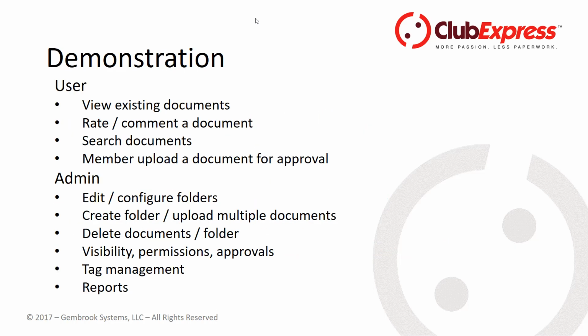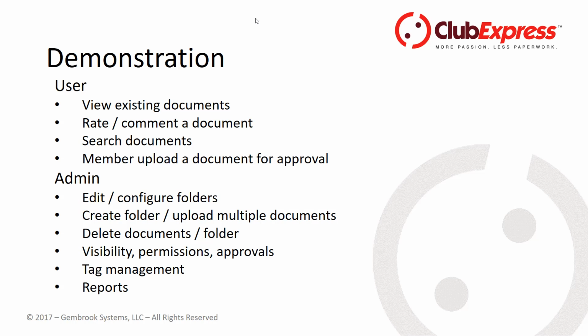Let's go into a demonstration. These are the things that I'd like to demonstrate, and we'll see how many of them we get through. We're going to try to view existing documents, rate and comment on a document, search, and do a member upload. So we'll do that from the user side. Then from the admin side, I'll show you how to edit and configure folders, create a folder, and upload multiple documents.